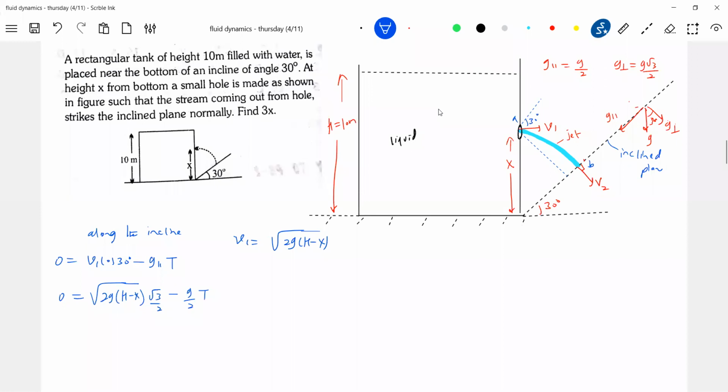So therefore, what we can write is root 3 by... check it now. G also will come into the picture, no?